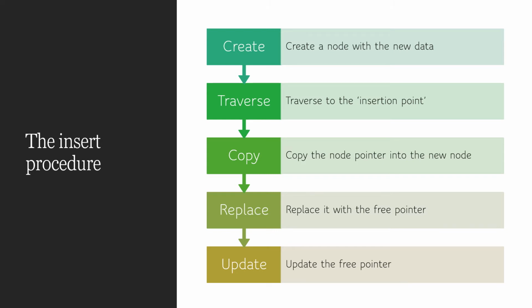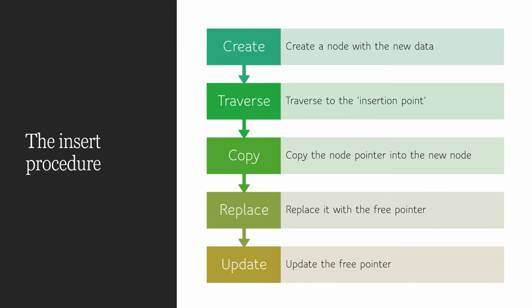We copy that across and that saves it so that we don't lose the rest of the list. Now we can go to that insertion point and make it point to the new node.